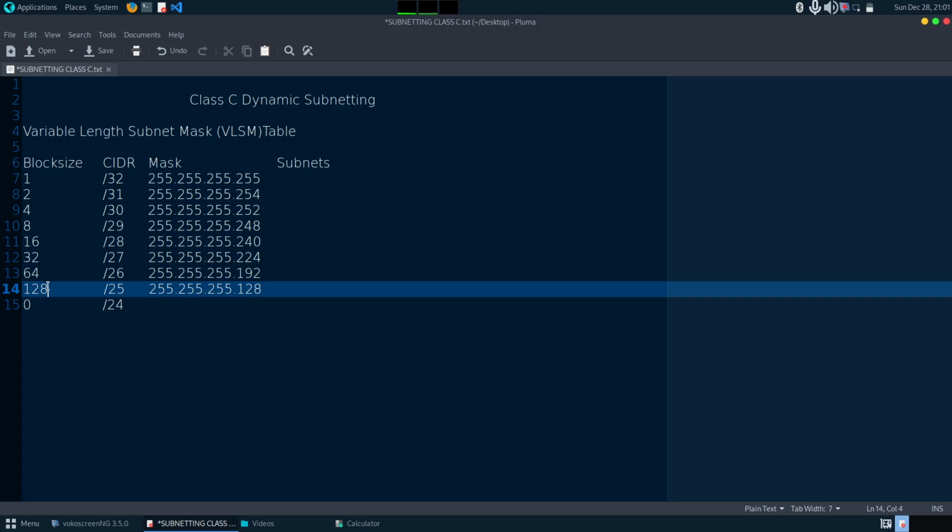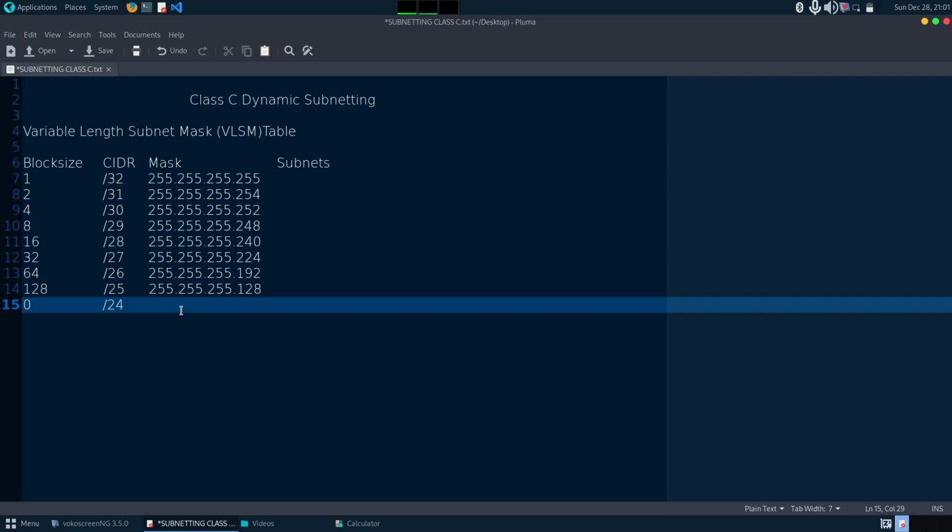Then 128 minus 128 gives us 0. I think you now understand why we had the default mask for class C as a 0 there. So that's how we calculate the numbers.